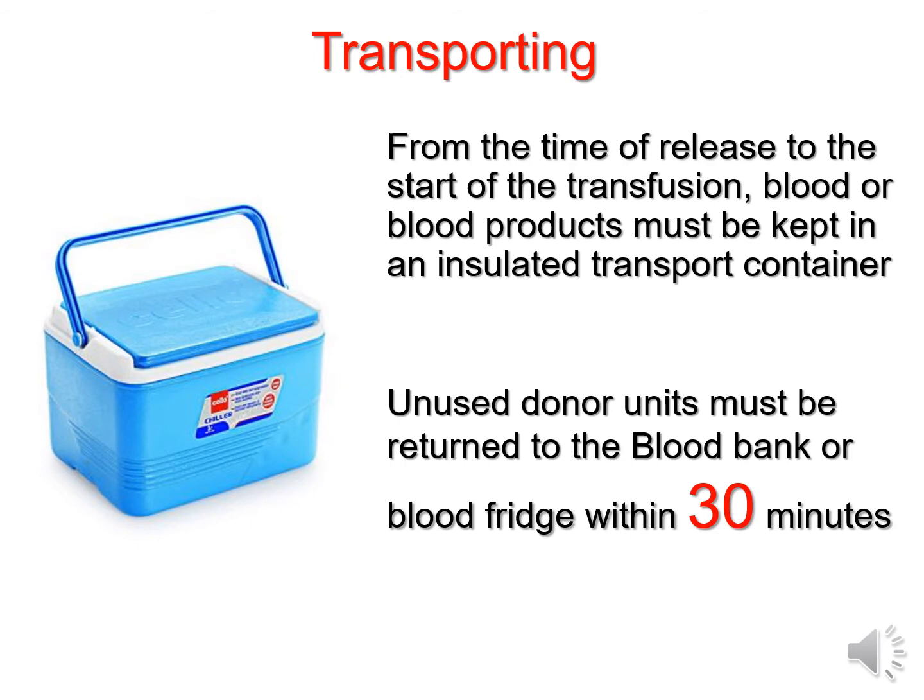Most organisations have policies that unused donor units must be returned to the blood bank or a blood fridge within 30 minutes of collection. Otherwise it can deteriorate. And if it deteriorates, it promotes bacterial contamination and this puts the patient at risk.